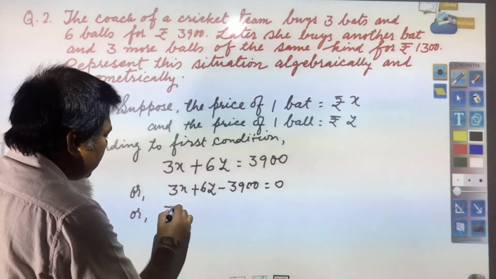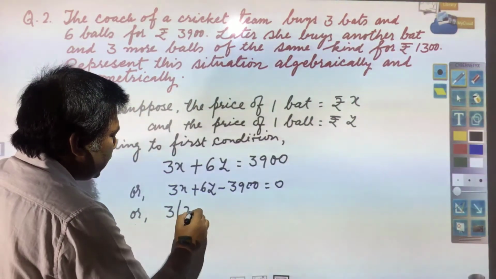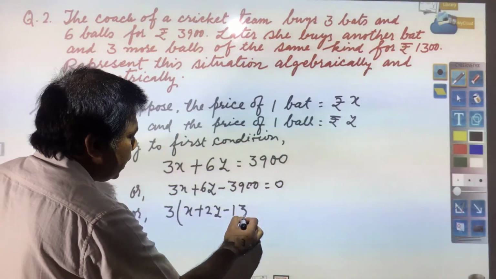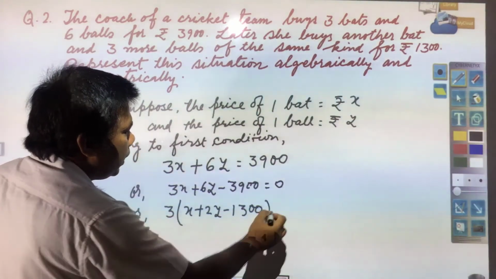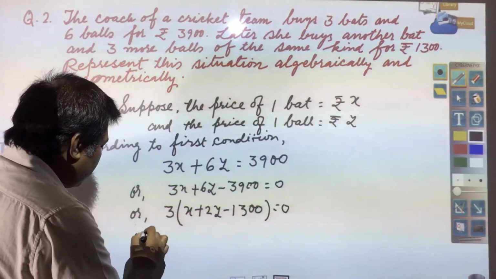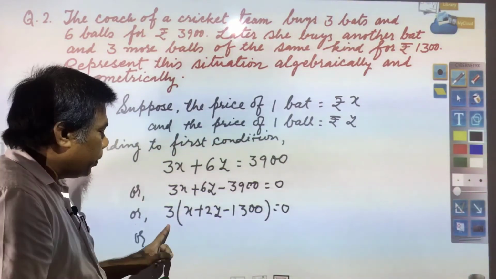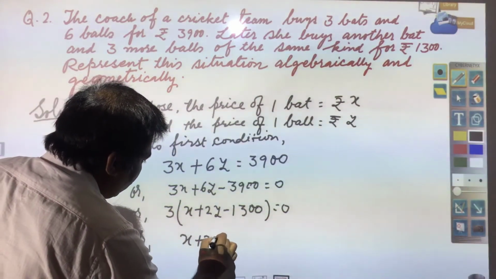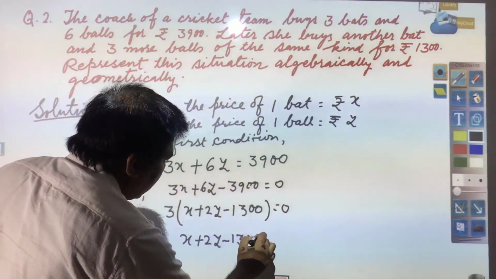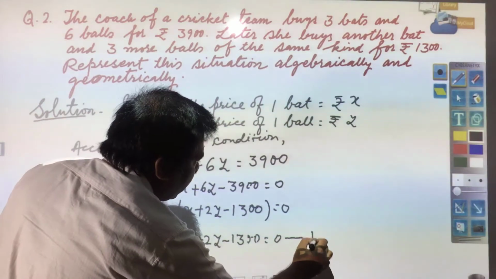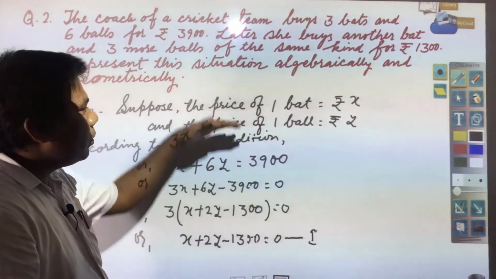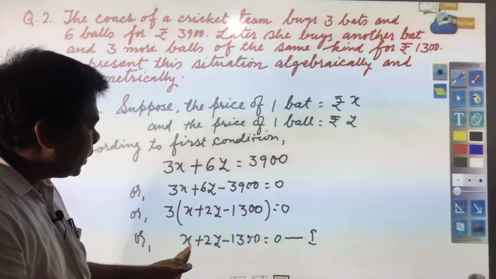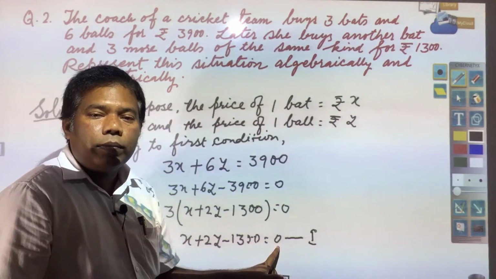Taking 3 common, what are you left with? x plus 2y minus 1,300 is equal to 0, since 3 ones are 3, 3 thirteens are 39 and 2 zeros. The 3 on the right side becomes 0 by 3, which is 0. So finally, you get x plus 2y minus 1,300 is equal to 0, and this is your first equation. I hope you understood how the first equation was found out.